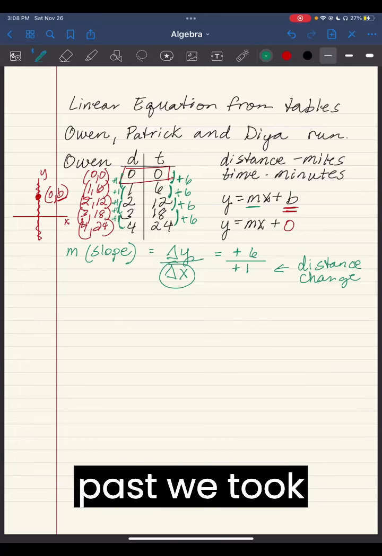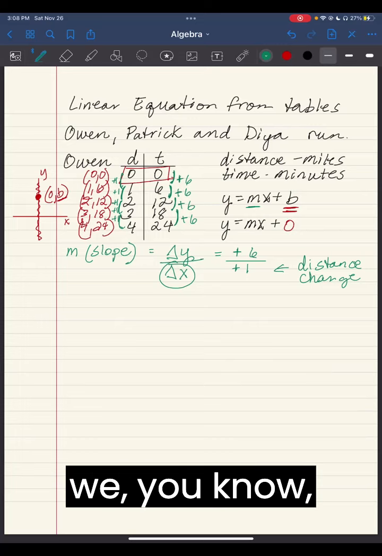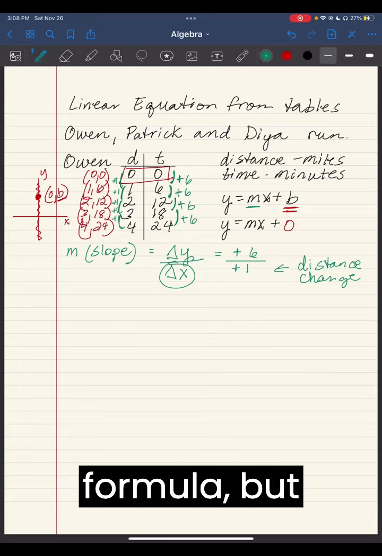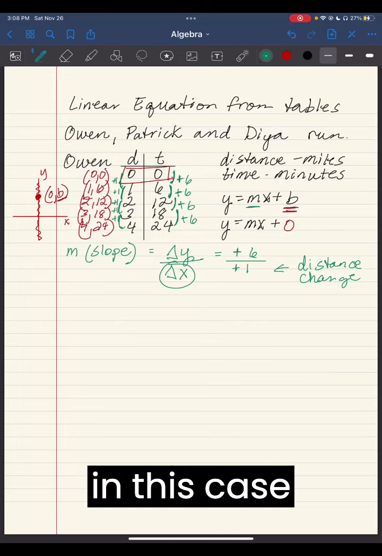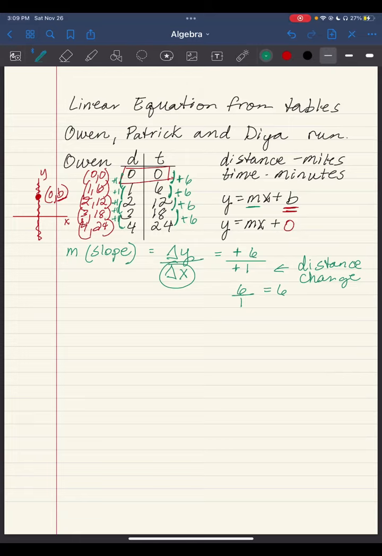Like in the past, we took 2 sets of points and we did our little formula. But in this case, we can just look by inspection. We can see that the slope is 6 over 1. Just write it as 6 over 1, which is the same as 6.